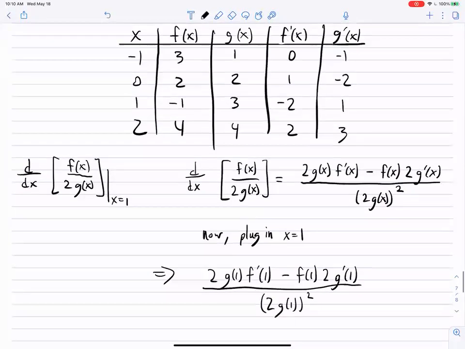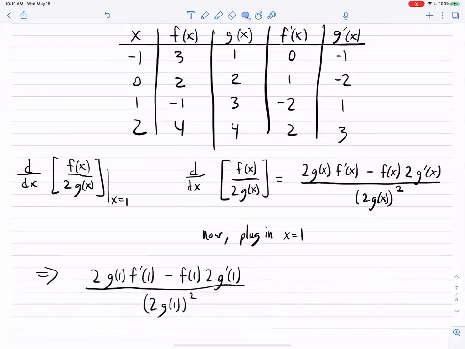All right, and now we just plug in the values. I move this over. So what does that equal to? It's 2 times, and if I go to the row with 1, what is g of 1? G of 1 is 3. So it's 2 times 3 times, what is f prime of 1? -2.